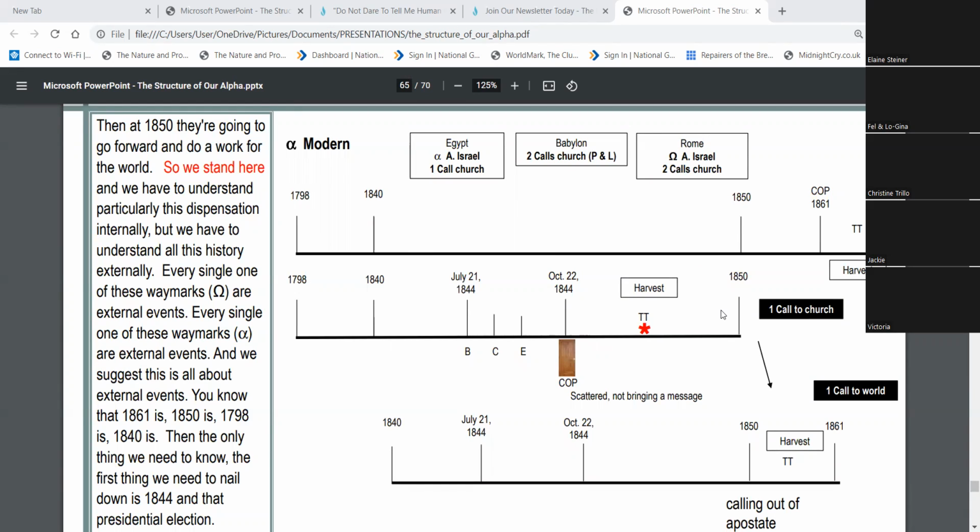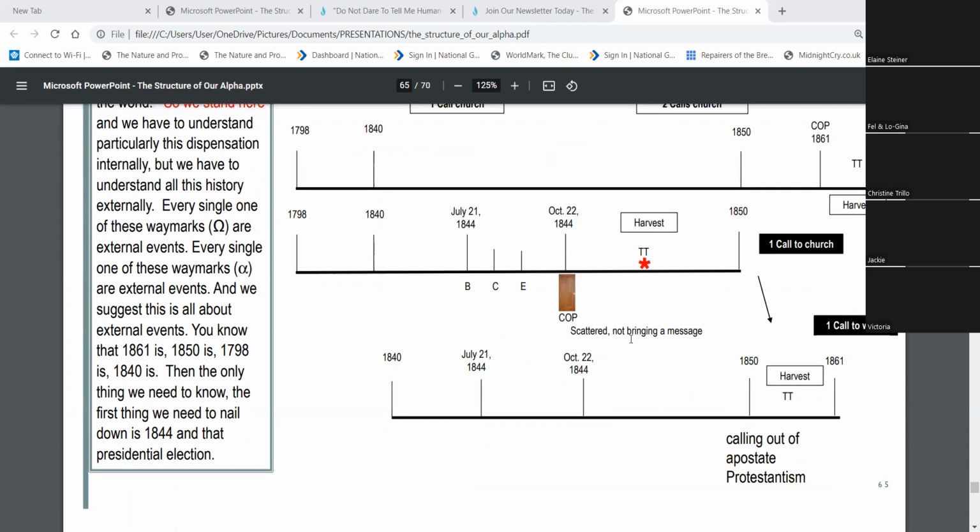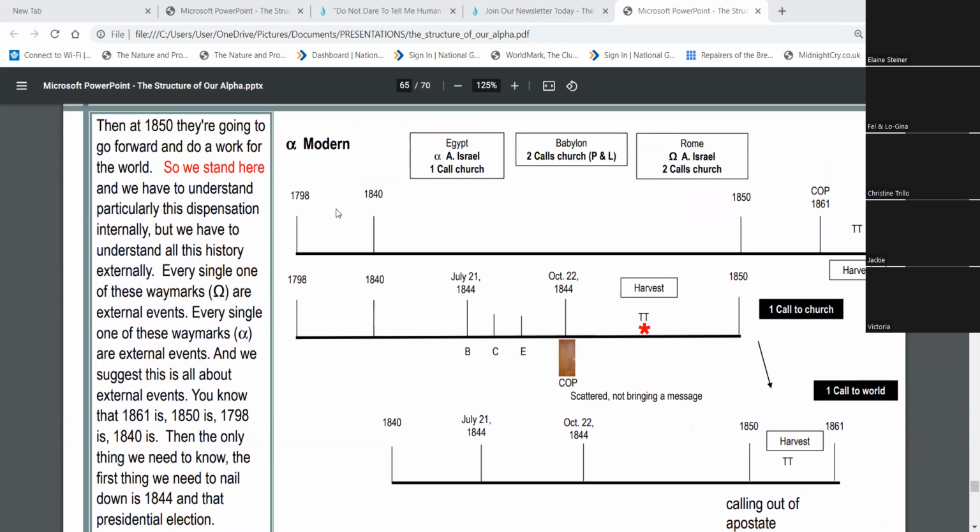So we stand here and we have to understand, particularly this dispensation internally, but we have to understand all this history externally. Every single one of these waymarks are external events.